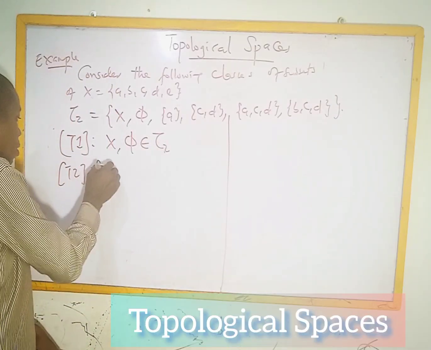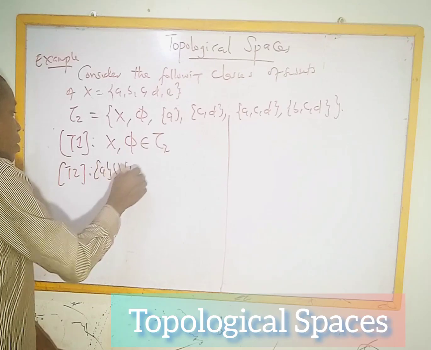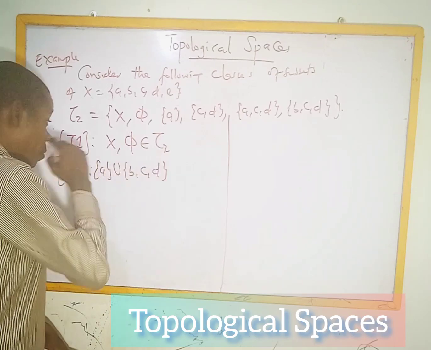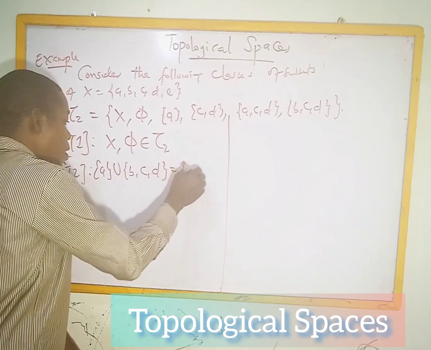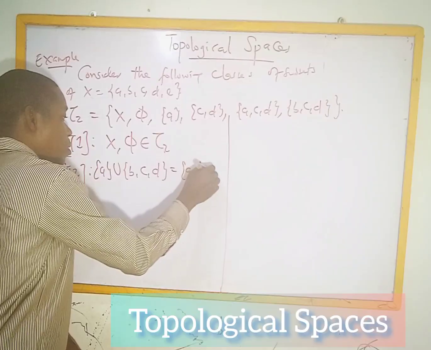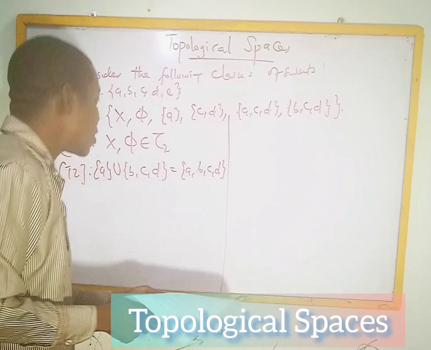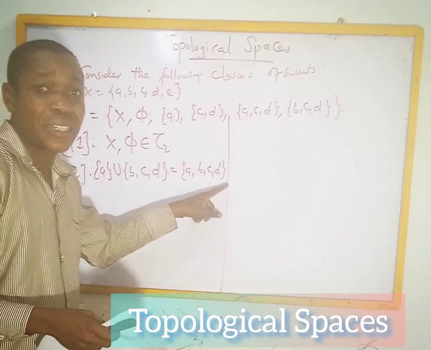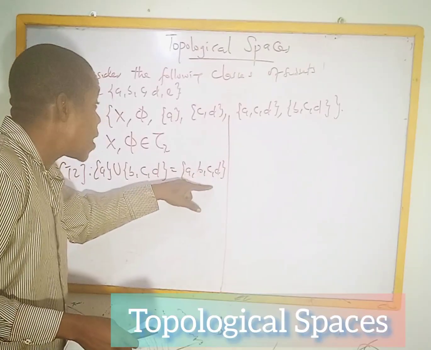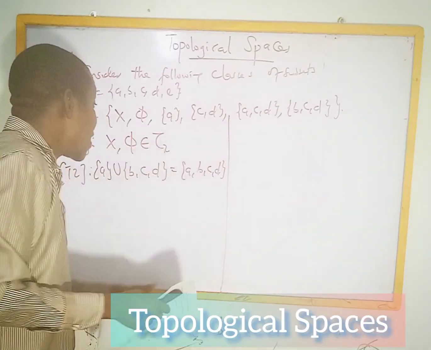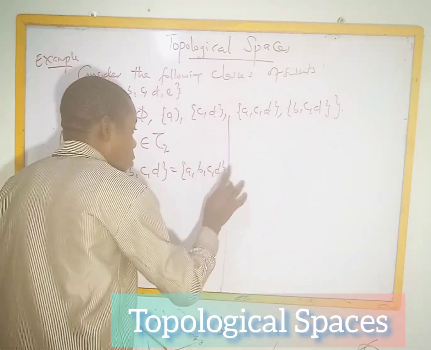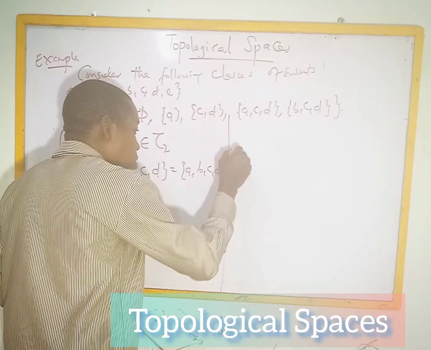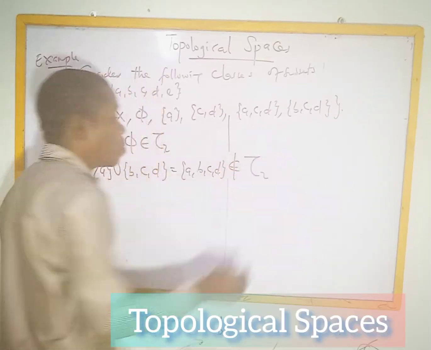A union BCD, what do you have? I have A, B, C, D. And this A, B, C, D that you obtain here is not a member of that topology. You can see that this one is not in this topology.